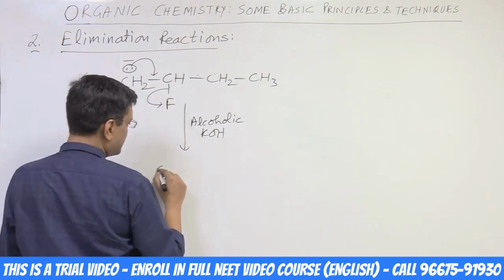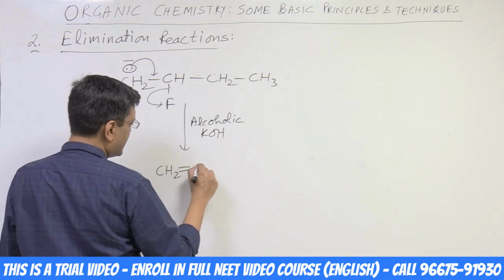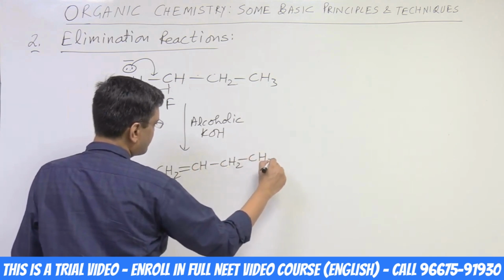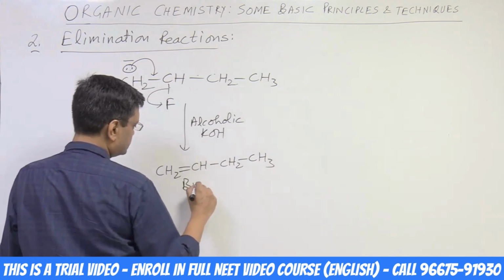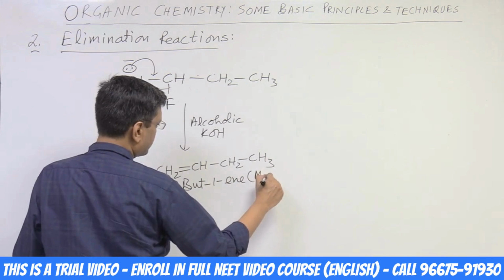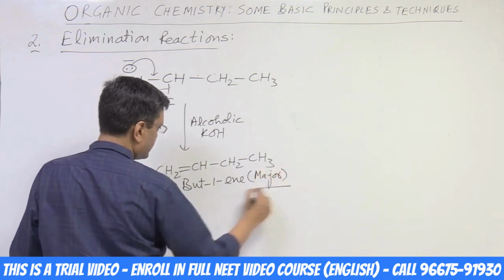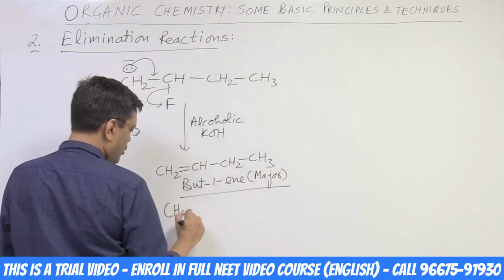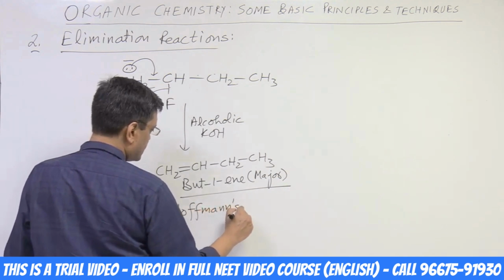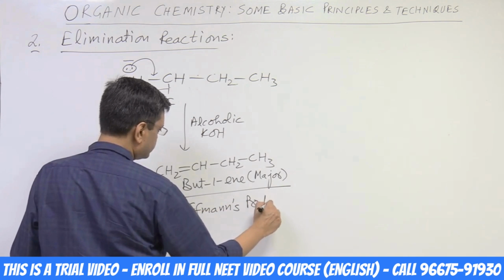Now fluoride ion is removed and we get but-1-ene as the major product. So we get the Hofmann product.